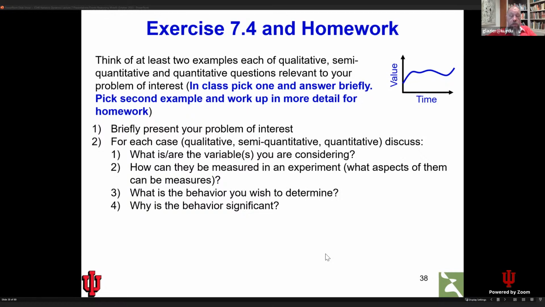As an example, in William's case, it could be, under what situations of damage does P53 oscillate or not? Does P53 blow up, causing the cell to die or not? Those would be reasonable questions. What are the things that determine whether that happens? As an example, there probably are a lot more.